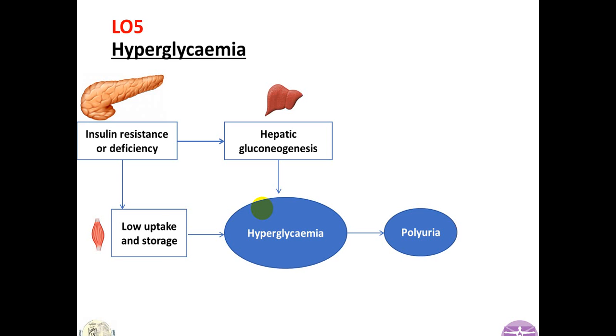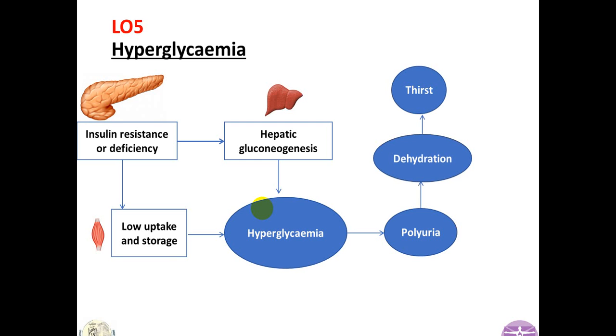This hyperglycemia will result in polyuria, more urine, and polyuria will result in dehydration, and dehydration will make the patient feel thirsty. In addition, dehydration will result in low renal perfusion, which means little blood is reaching the kidneys.